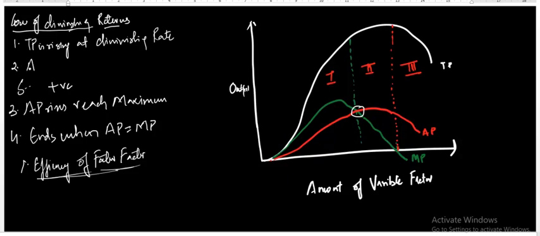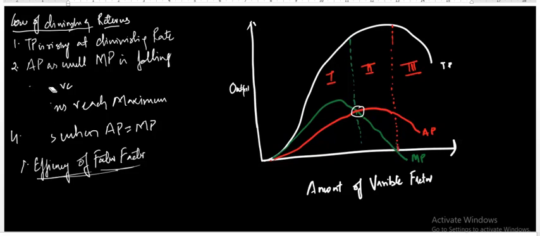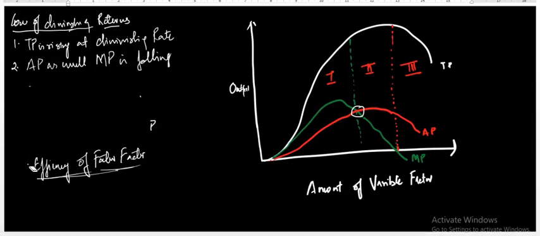Both average product as well as marginal product are falling. This stage ends when the marginal product becomes 0.